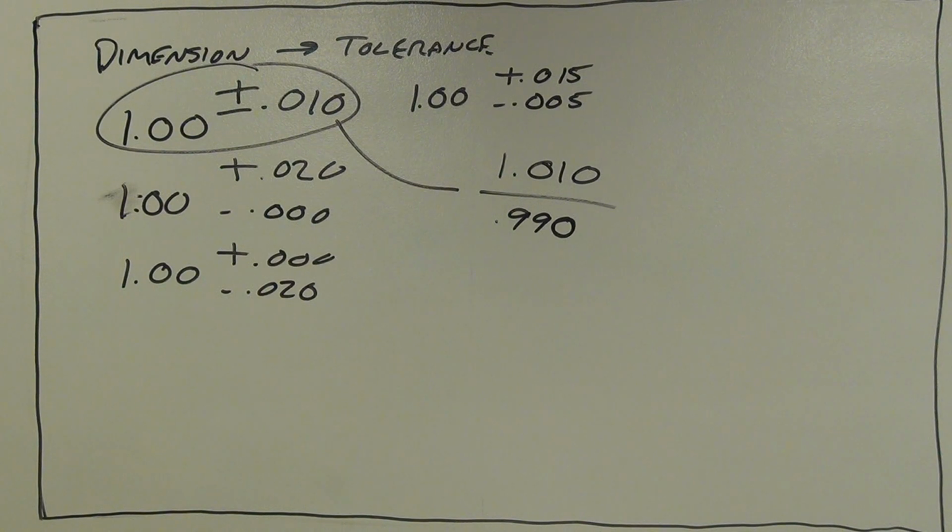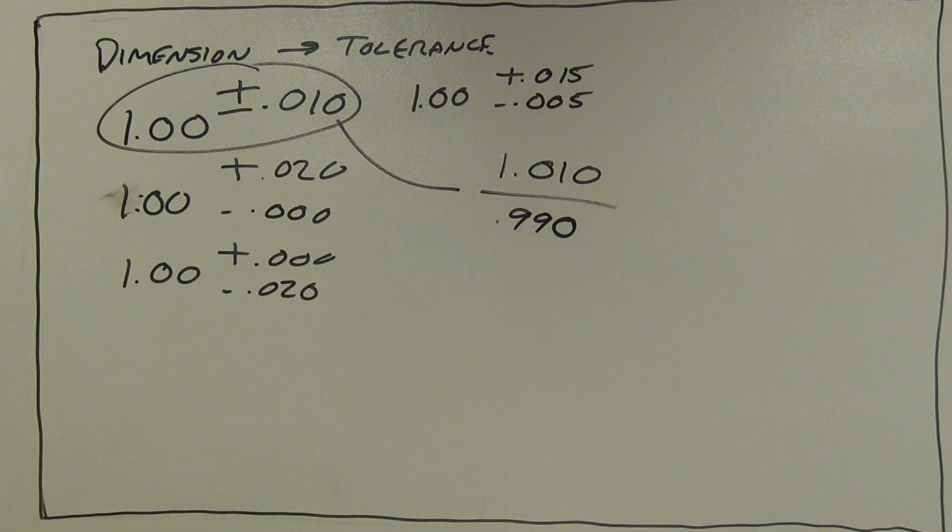Okay, now the important thing here is, now that we see all of these forms, I want you to be comfortable with being able to convert from one to the other. And the way we start that process in all instances is to convert whatever form we get, a unilateral in either direction, or an equal or unequal bilateral, into a limit form.